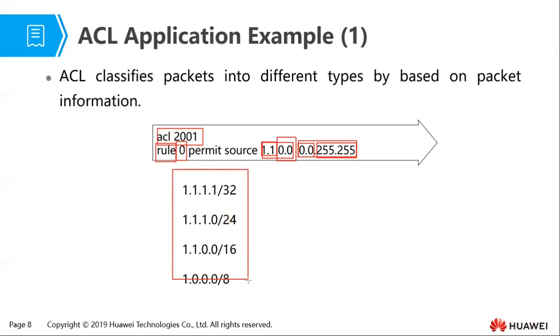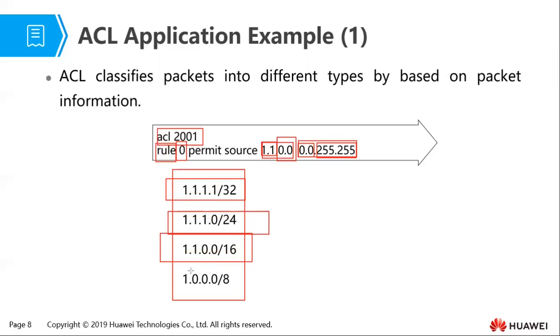So if we look at this example here, which networks can be allowed to pass through this rule? Can anyone give it a try? Anyone? If we have these networks, 1.1.1.1/32, the third one.